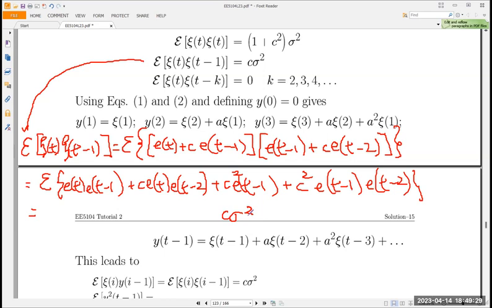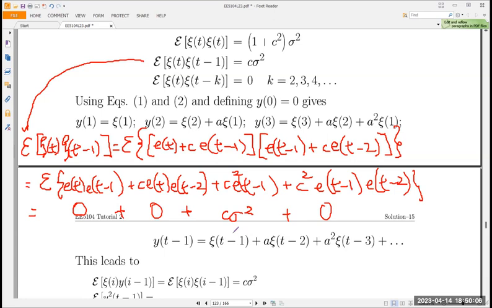This is zero mean, this is zero mean, and this sample has nothing to do with this sample, so when you take the expectation, it will be 0. As long as the t are not the same, this will be 0. This one, because the t are the same, the variance will be sigma square. So the rest are all 0. So this is 0 plus 0 plus 0, so it is this one. That's how you get this result here.